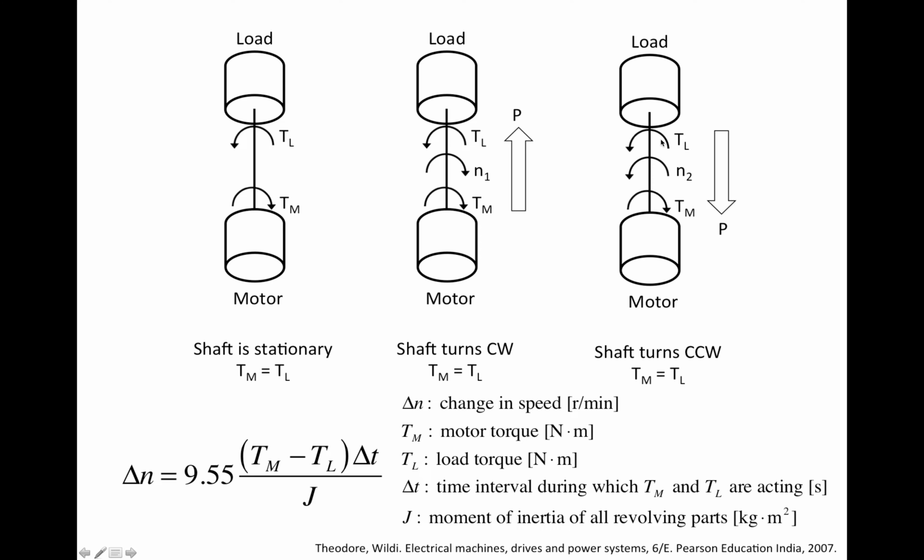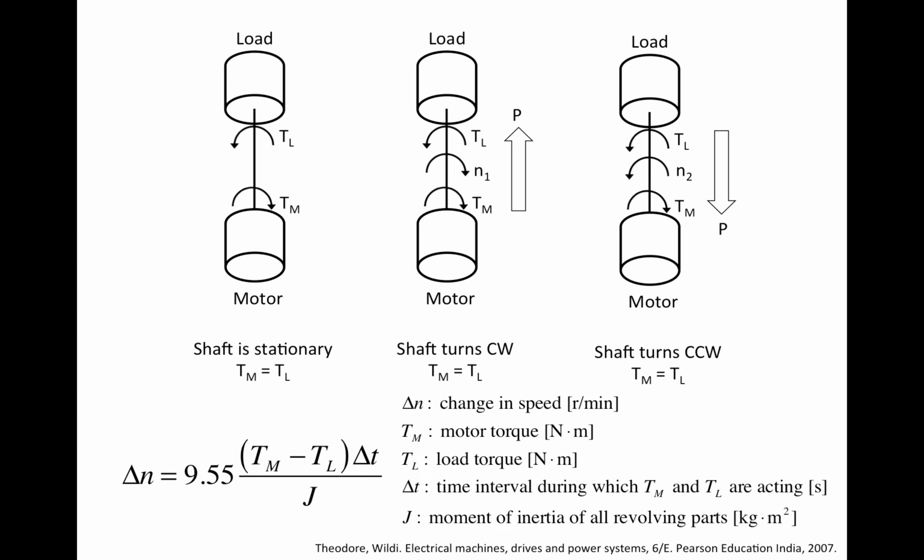Net torque becomes 0, and there is no net torque to change the speed anymore. Then the load and motor system is going to reach another equilibrium, and the shaft is going to keep rotating at the constant speed of n2, right?